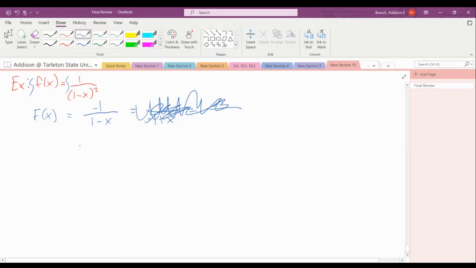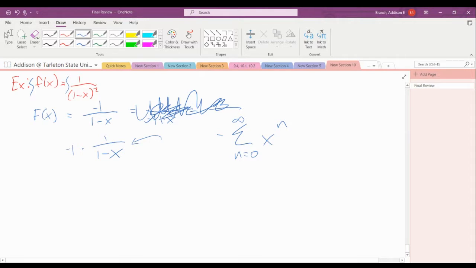So therefore, we can just pull that negative 1 out in front, so we get negative 1 times 1 over 1 minus x. And then from there, this is just our straight power series, where we get a negative sum from n goes from 0 to infinity of x to the n. But we have to remember we integrated to get to this point.